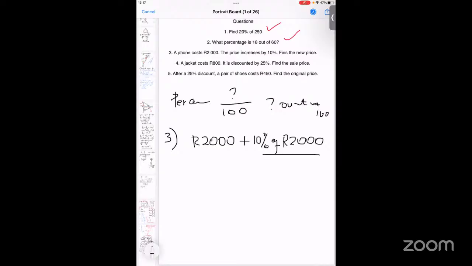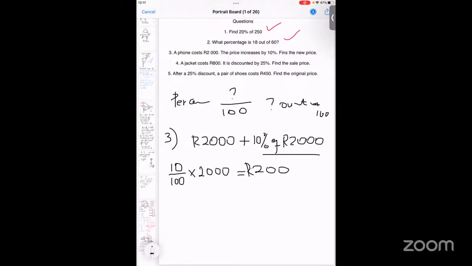So 10% of 2,000: 10 percentage means out of 100 of that 2,000 rands. You punch it on a calculator and say 10%, the of just means you multiply, and it gives you 200 rands.